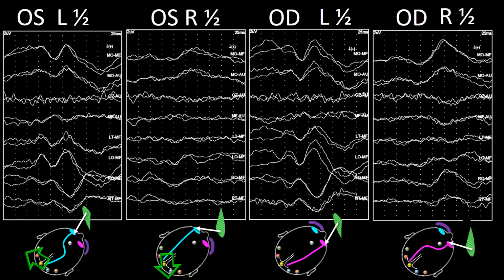The vector of the field of the left eye, when stimulated by the right hemifield, goes to the right, as you can see again by noticing the point of the green arrow. The vector of the field of the right eye, left hemifield, goes to the left, and the vector of the field of the right eye, right hemifield, goes to the right.